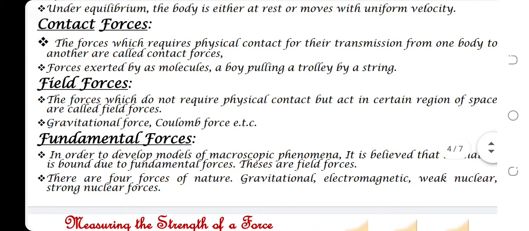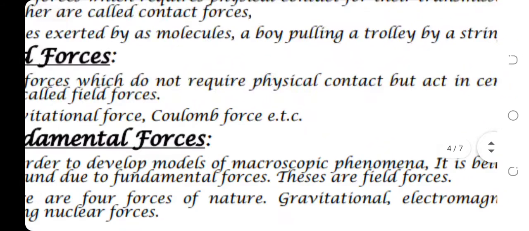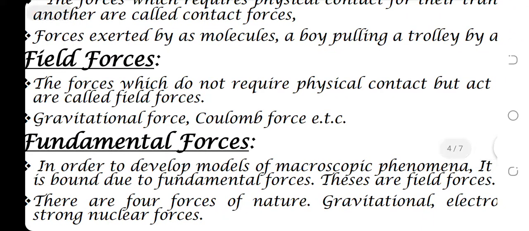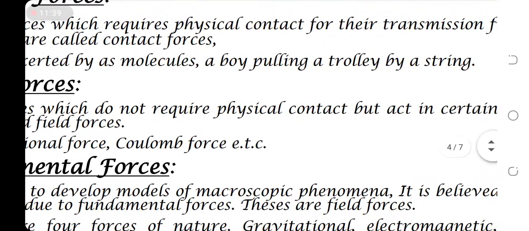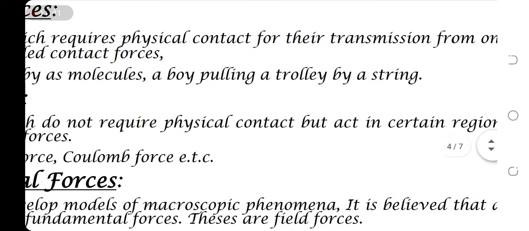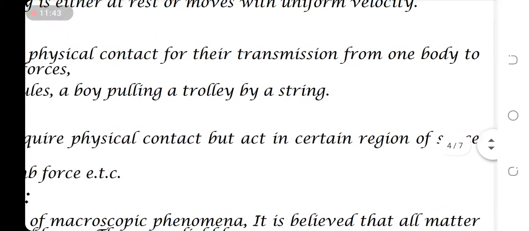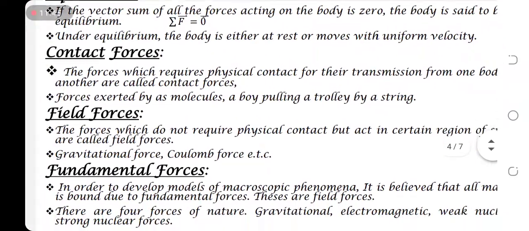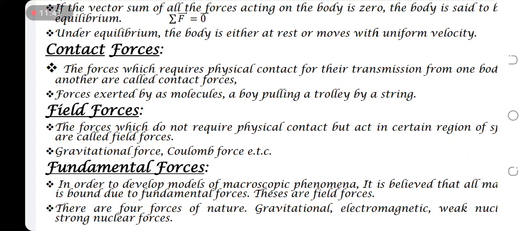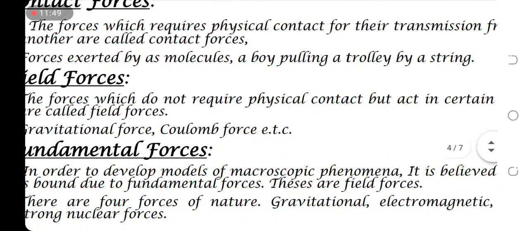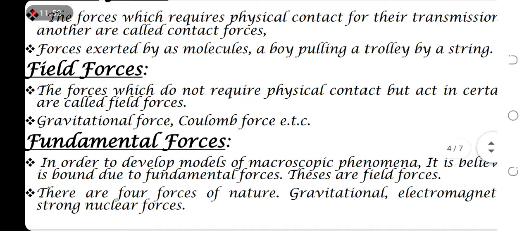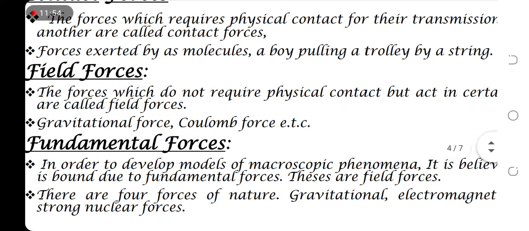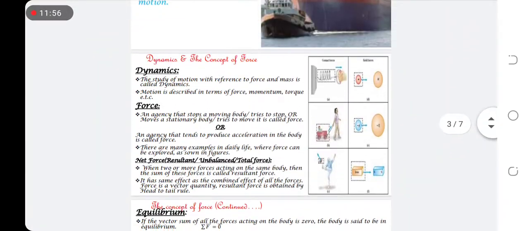The other forces are the field forces. The forces which do not require physical contact but act in a certain region of space are called field forces. There are many examples: gravitational force, Coulomb force, magnetic force.